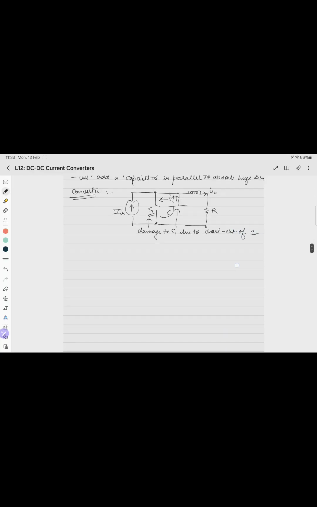Damage to S1 due to short circuit of C. So we can't neglect C because we need the C to take care of the delta I naught ripples. But this capacitor will again damage the switch S1 because it will be short circuited.